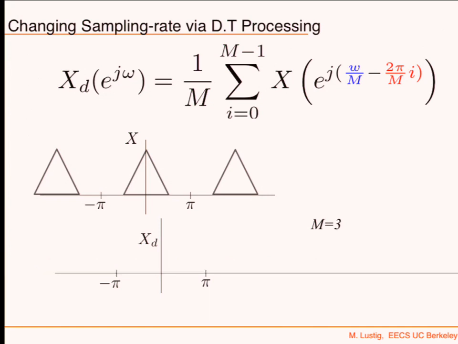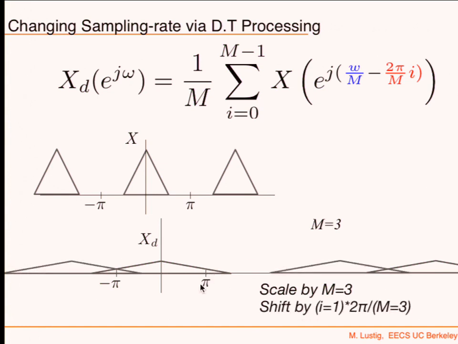So here's another example. Let's say now I take this spectrum and I decimate it by a factor of 3. First I scale it by a factor of 3, so now it leaks beyond π. And now I'm going to replicate it 3 times.